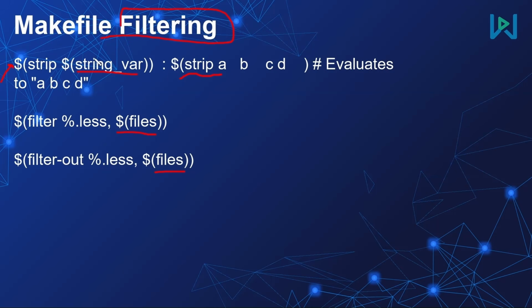In this example, this string underscore var consists of those list of characters. As you can see, we have an additional white space here, as well as here. So strip will get rid of those extra white spaces, and the end result will be a GNU Makefile variable that has been cleaned up from any additional white space.